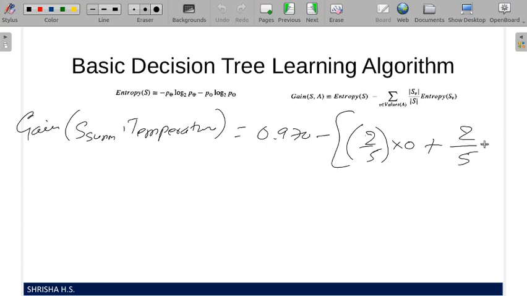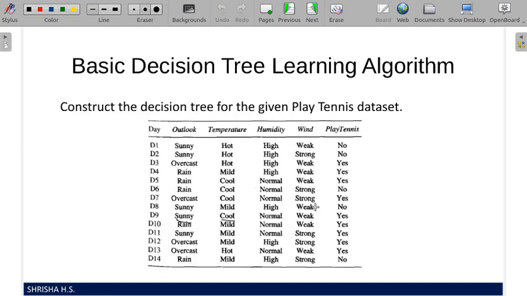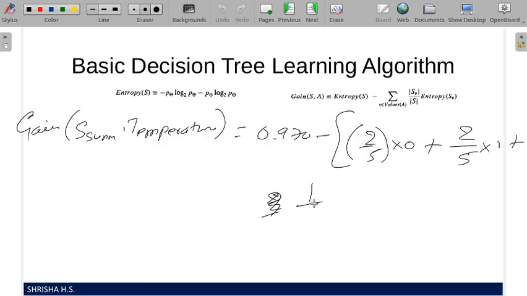So it was 1. Okay, so next, out of 5 we had one instance where it was cool. Okay, so one instance where sunny and cool, and it had only one classification, yes, so entropy becomes 0.